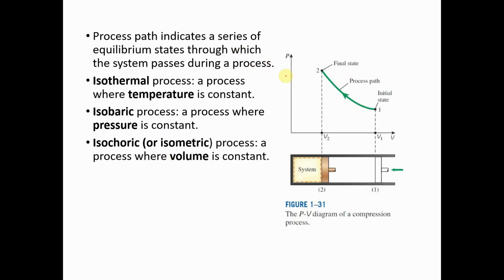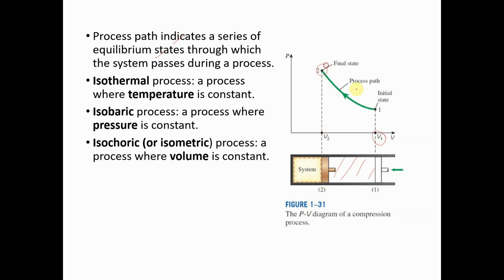Okay, so here we have another example. Process path indicates a series of equilibrium states through which the system passes during a process. So imagine this is a piston, from state 1 with volume 1. The initial volume is bigger, and then maybe we push it, so the system is now in state 2.